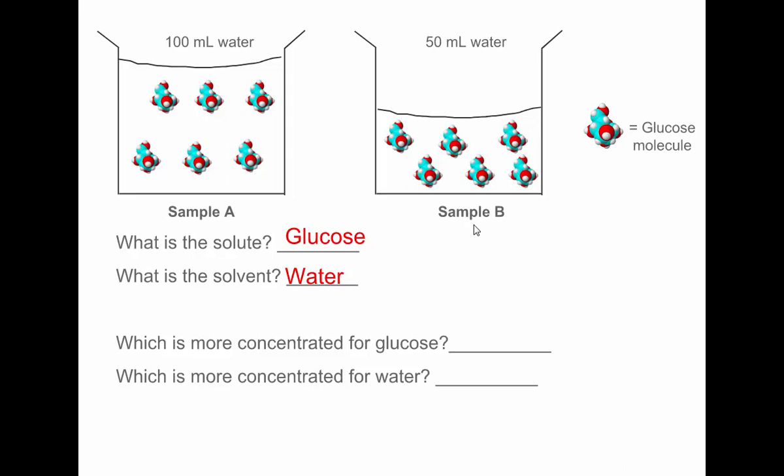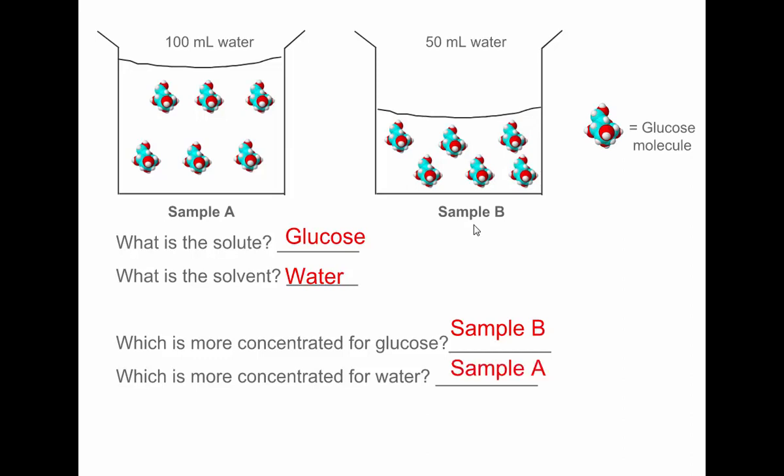Well, you would be correct. But why? Why is there a higher concentration of glucose in B? Because there's less water. Yes, because there's less water. Even though we have the same number of molecules, because there's less water here, it has a higher concentration.